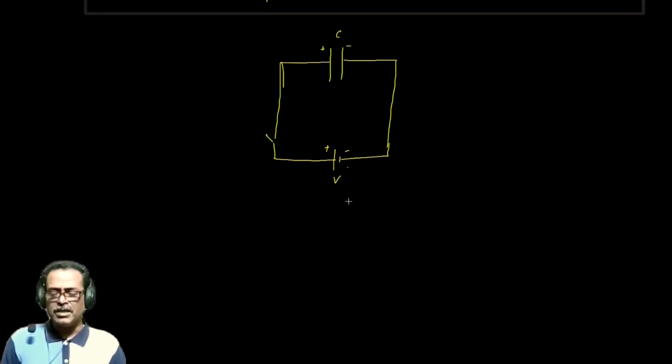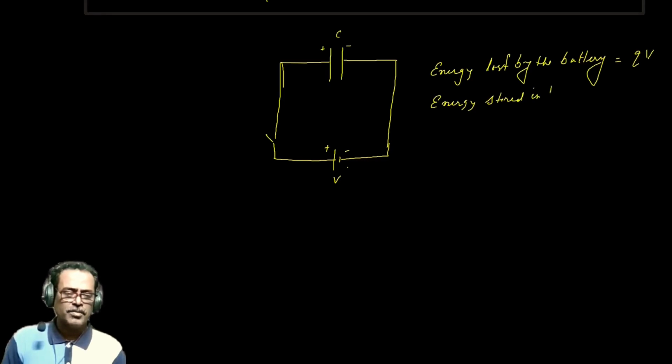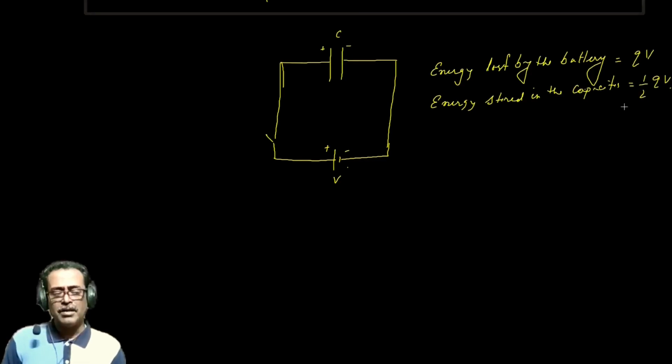Therefore, the energy lost by the battery is equal to Q into V. But the energy stored in the capacitor is equal to half Q into V, and the remaining half of the energy which is given by the battery is converted into heat.